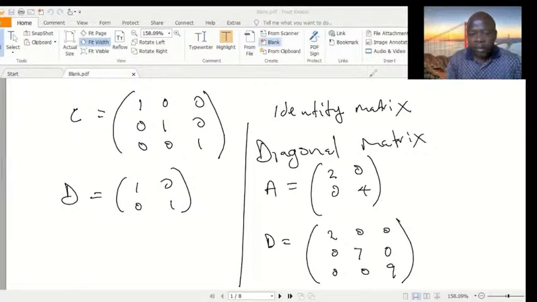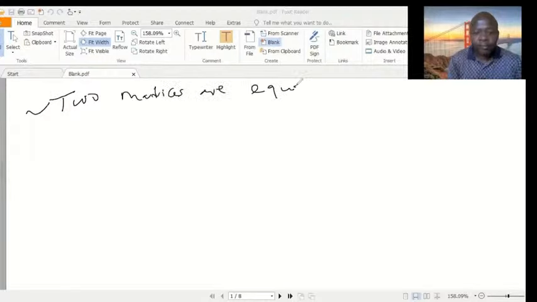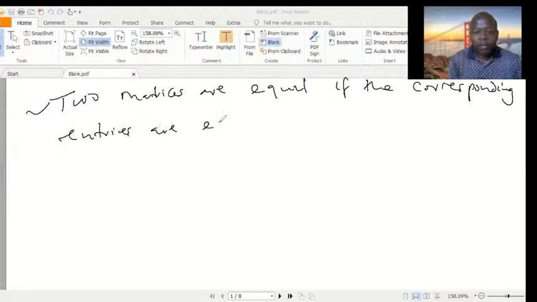And the other thing that you need to know that is very important to us is, when do we say that matrices are equal? Two matrices are equal if the corresponding entries are equal, and they must be of the same size.